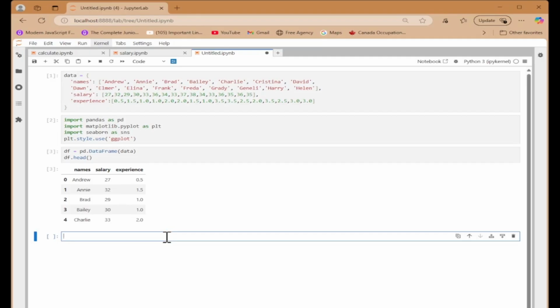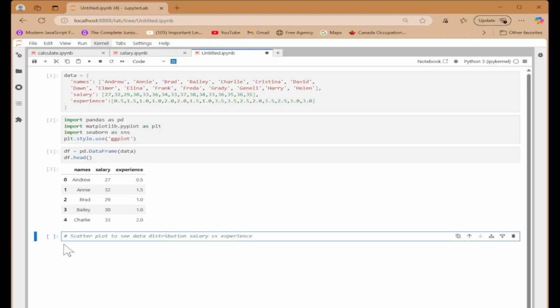Okay, so let's begin with the plot. We'll plot the scatter plot, to see the data distribution, salary versus experience.